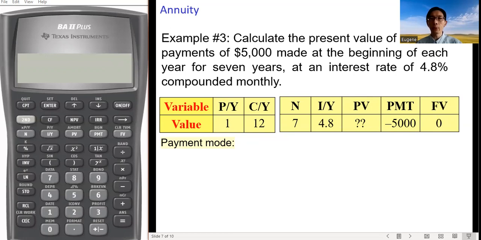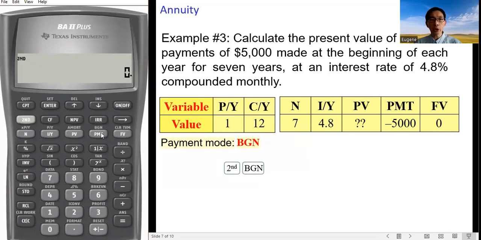And then the payment mode, begin mode. The payments are made at the beginning. All right, so we need to swap from the default setting, the end mode, to begin mode by pressing second and then begin.